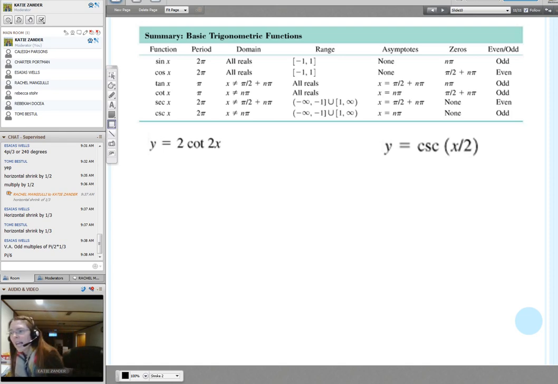We've got a couple things happening in this cotangent one. Let's list the transformations that are occurring there first. So what transformations do we have occurring in the first one? y equals 2 cotangent of 2x.